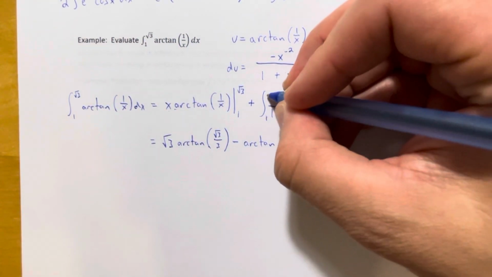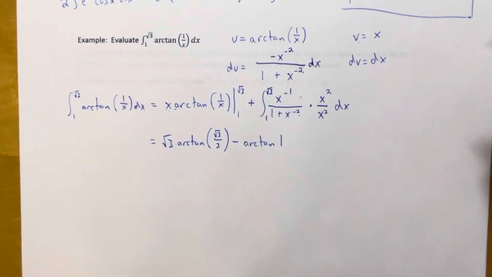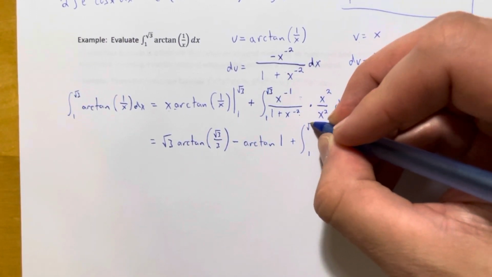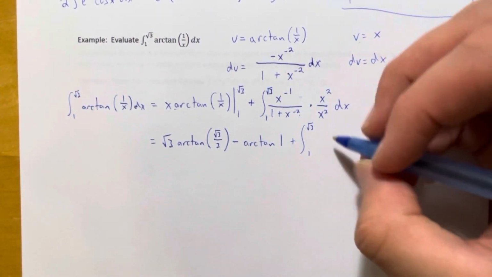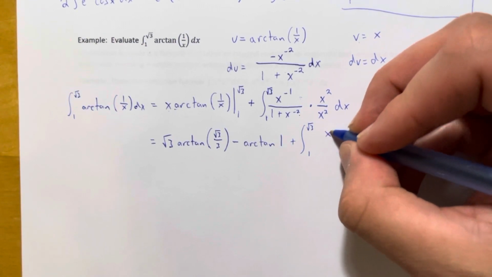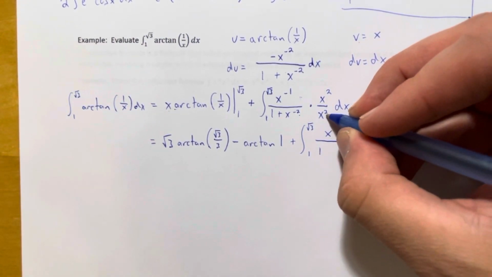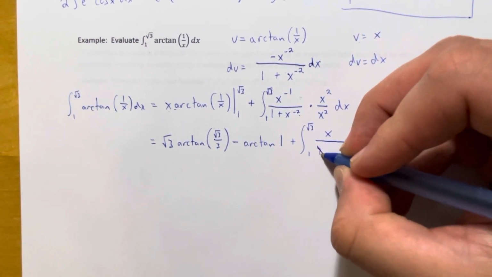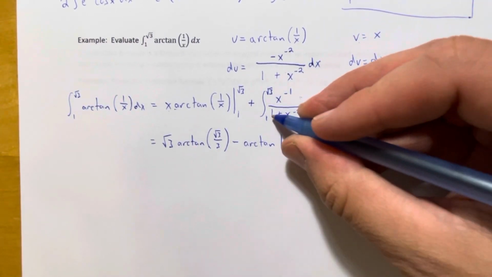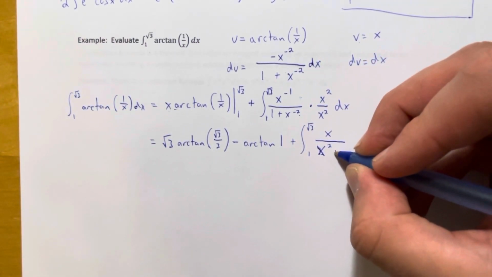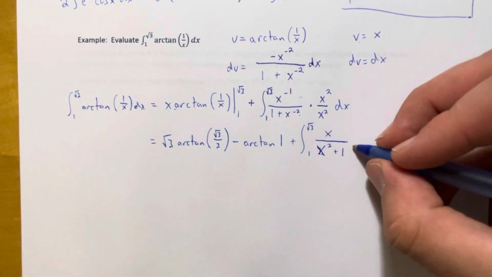Oh, and I almost forgot to include my limits of integration. Let's make sure those show up too. Plus the integral from 1 to root 3, x squared times x to the negative 1 power is just x over 1. Actually, no, it's not a 1. This x squared distributes and makes that an x squared instead of a 1. But this x to the negative 2 times that x to the positive 2, that part does become a 1.